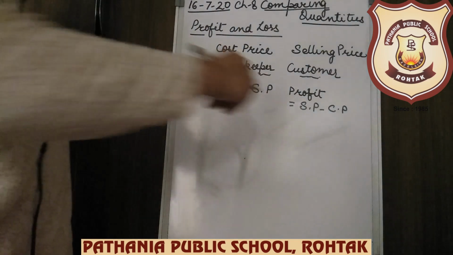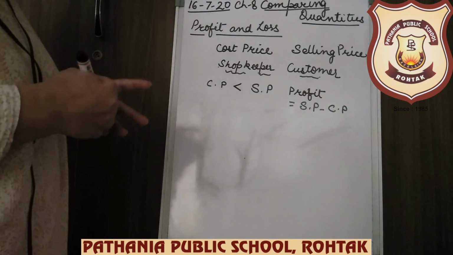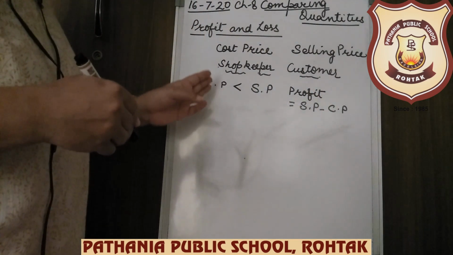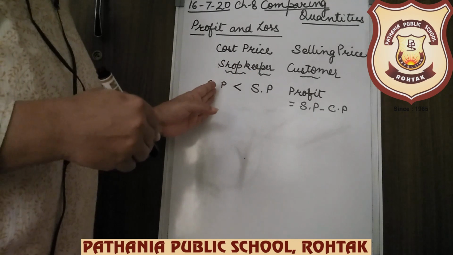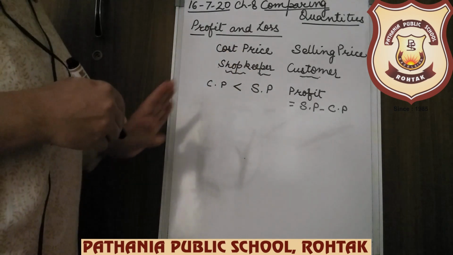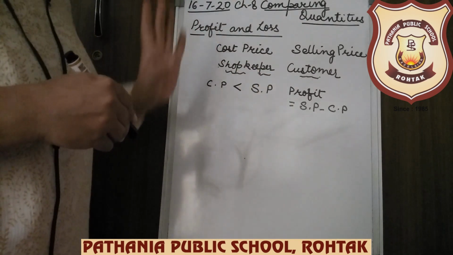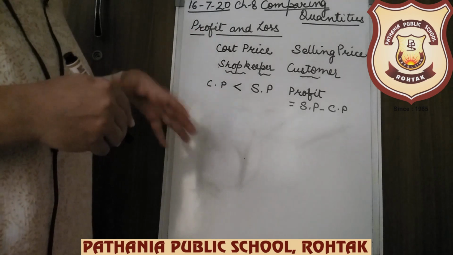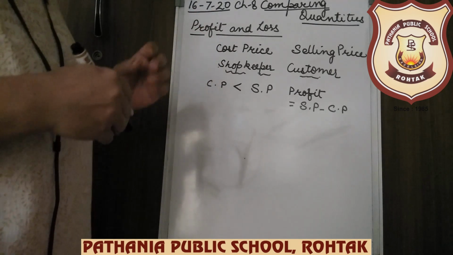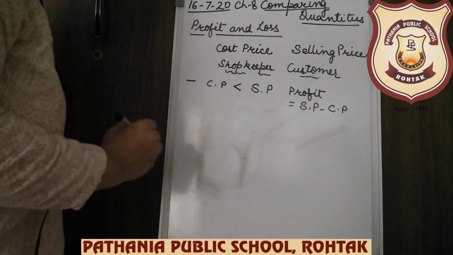When this happens, when the CP is smaller than the SP, then the shopkeeper will gain. Gain and profit, they are the same thing. This is the first condition.